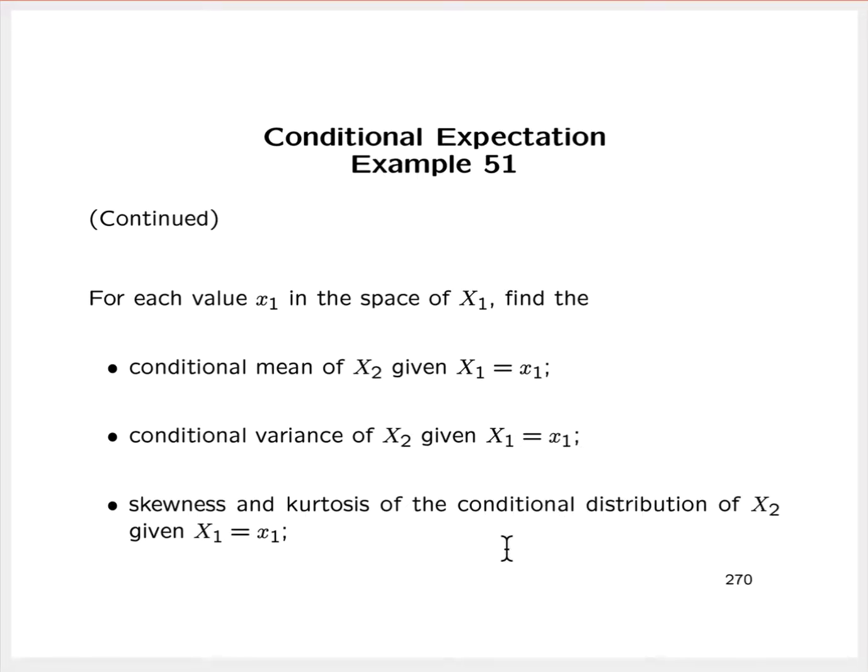And then finally, doing the analogous thing for the conditional distributions of x2 given x1: for each value of x1 in the space of the random variable x1, find the conditional mean of x2 given x1, find the conditional variance of x2 given x1, and also find the skewness and the kurtosis of the conditional distribution of x2 given x1.